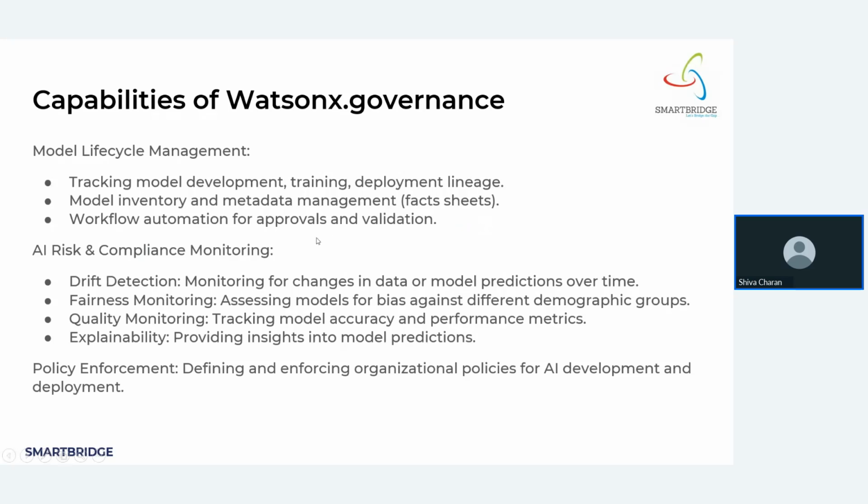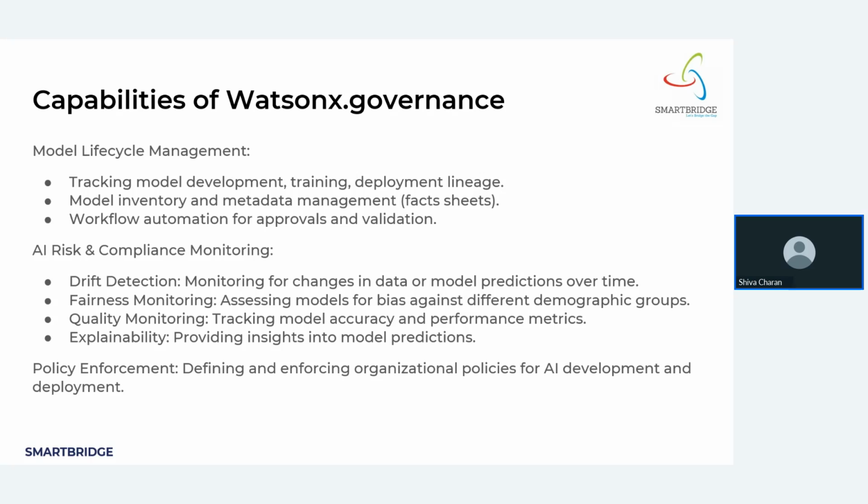So all these things are related to that particular model, starting from managing the model and pushing it into training, development, and deployment, then managing the metadata, and all the workflow automations for approvals and validations. All those things come under model lifecycle management, and this is one of the main capabilities of Watsonx governance. The next one is AI risk and compliance monitoring.